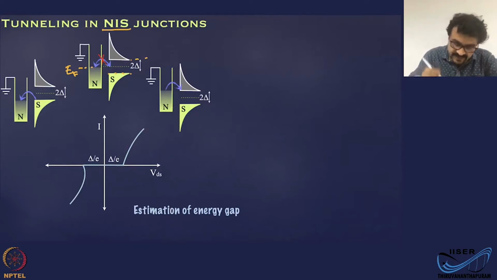So now let's consider the case of zero bias. So what happens at zero bias? You have electrons available on this source side to go, but there are no states on the drain side, on the right side. So that is blocked. In the other direction, all the states are occupied by Cooper pairs, as we discussed.